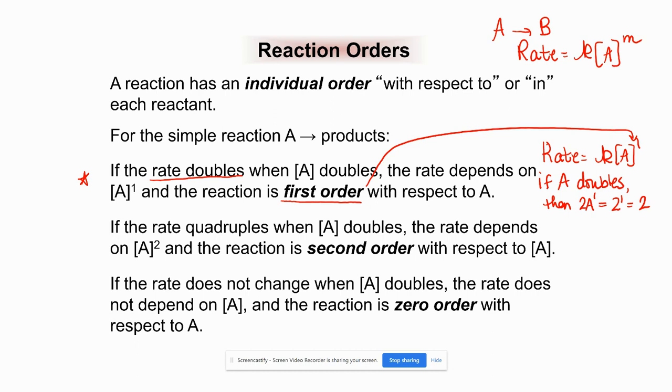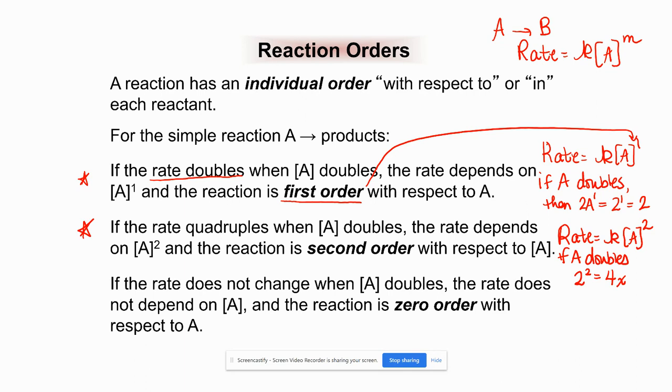Okay, now, based on our data, if the rate is equal to k, A squared, or second order, then if A doubles, what is 2 squared? 4.